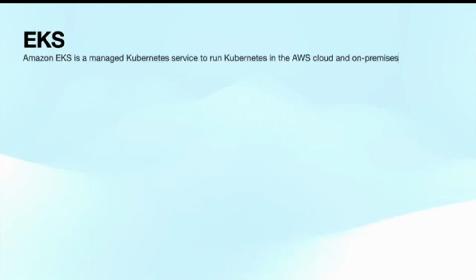Amazon Elastic Kubernetes Service. Amazon EKS is a managed Kubernetes service to run Kubernetes in the AWS cloud and on on-premises data centers as well. So it's a Kubernetes as a service.